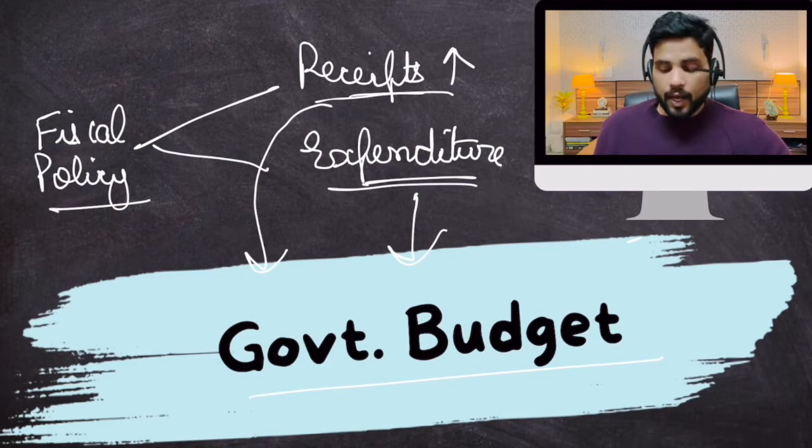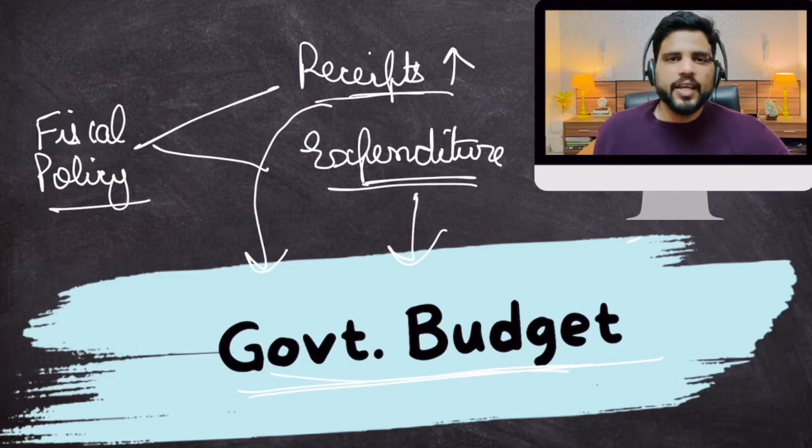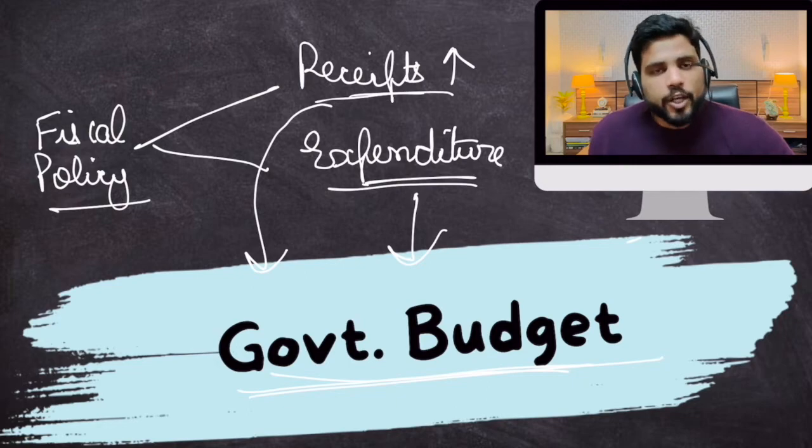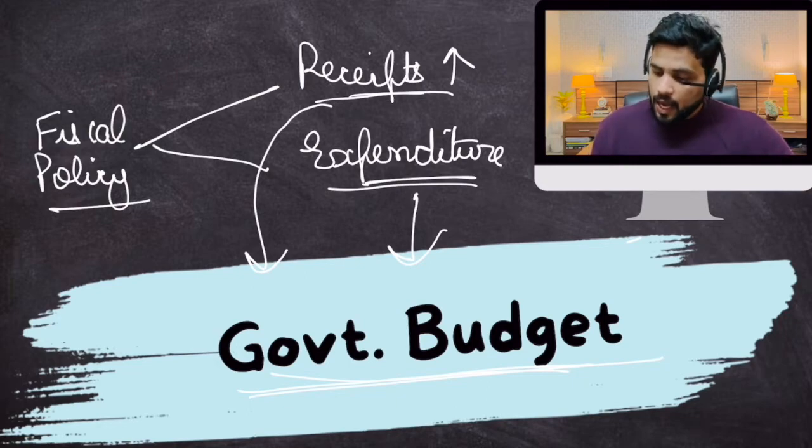Okay? Now, the thing is that government presents this fiscal policy document every year and presents it in front of both houses of parliament. Okay. Now, government does that because it's a constitutional duty of the government. Okay.